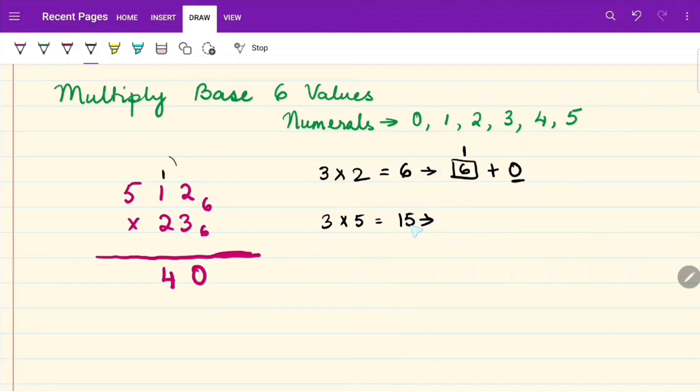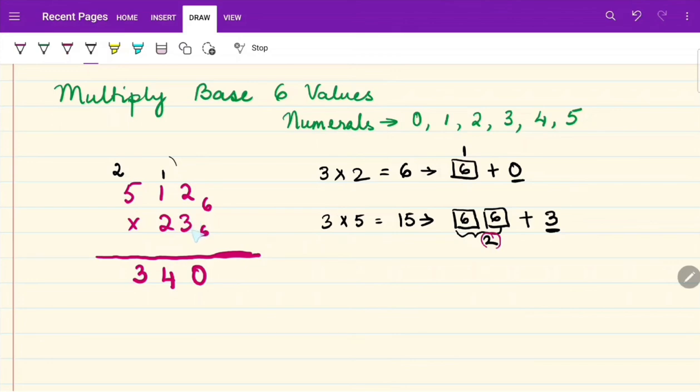Now from the 15, we can create 2 bundles of 6. All right, so here is one bundle of 6 and then another bundle of 6, which gives us 2 bundles of 6 plus remaining is 3, correct? 15 minus 12 is a 3. So this 3 is going to be written to the left of the 4, all right, and we are going to carry over this 2.